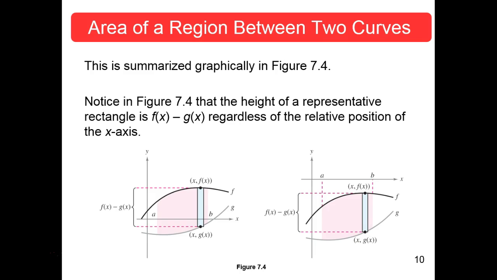It doesn't matter because f minus g is positive as long as f is greater than g. One or the other or both can be below, can be negative. That wasn't true when we were just measuring the integral of the area under a curve. We had to have the entire curve above the x-axis. So this height is positive no matter where that graph is.